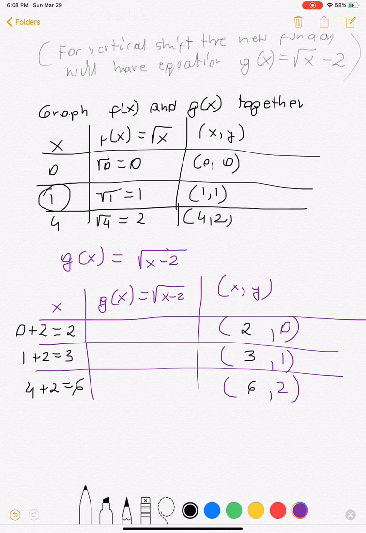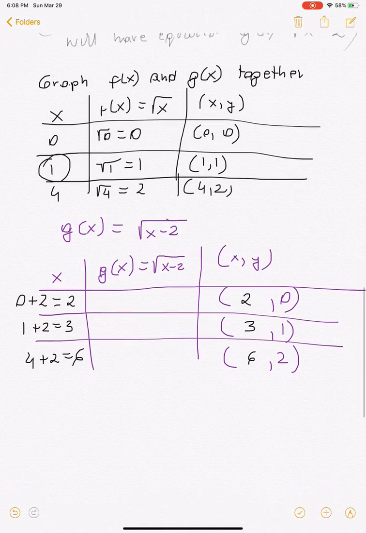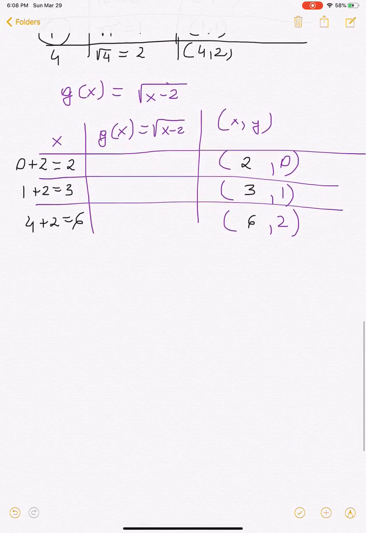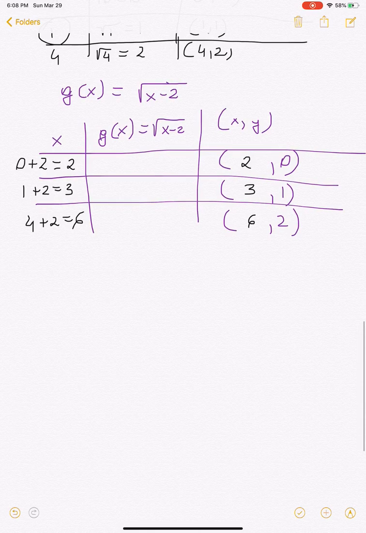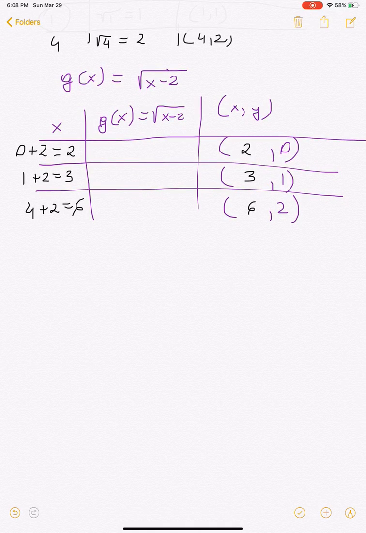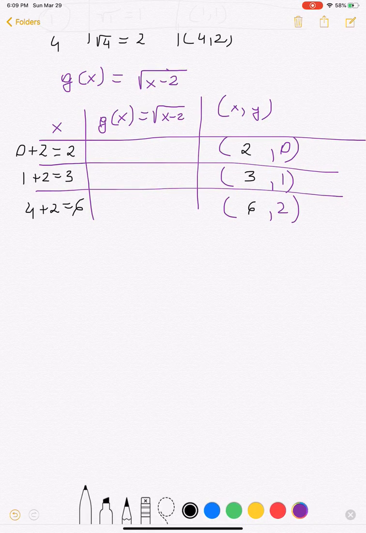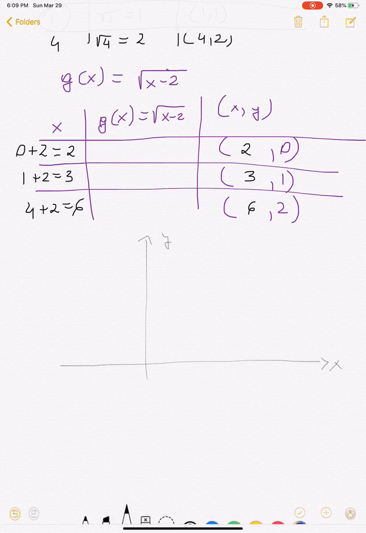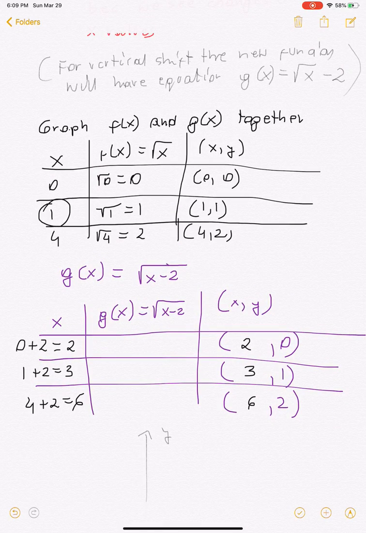Now we have 3 points for the original graph, 3 points for the horizontal translation 2 units to the right. Let's graph it together. Let's see how the graphs behave. So we're going to graph it, y and x. I'm going to plug in the original graph f of x.